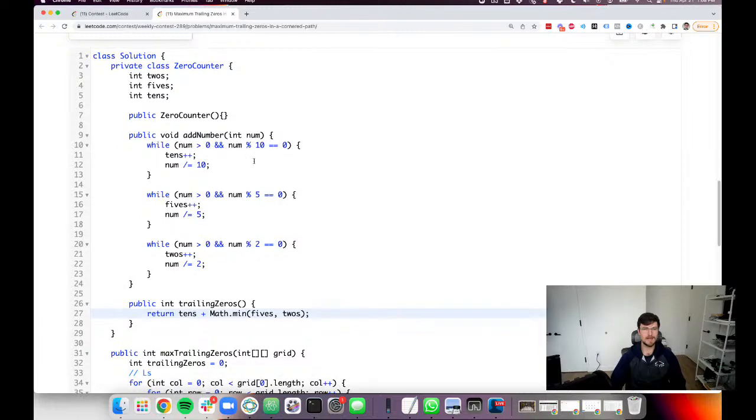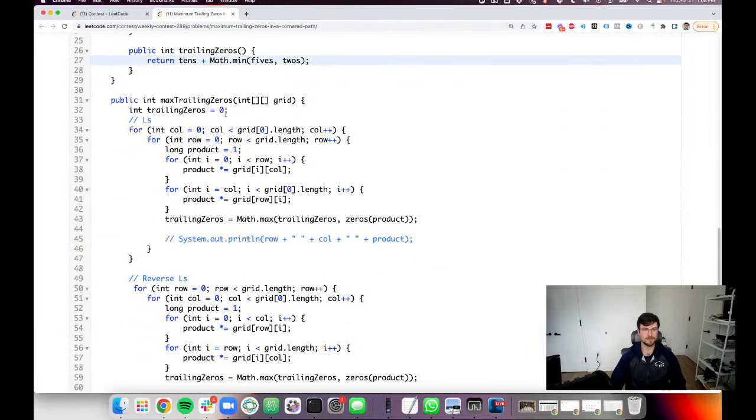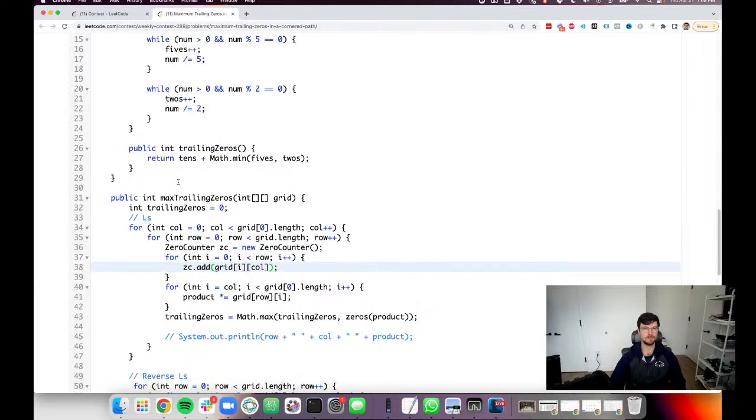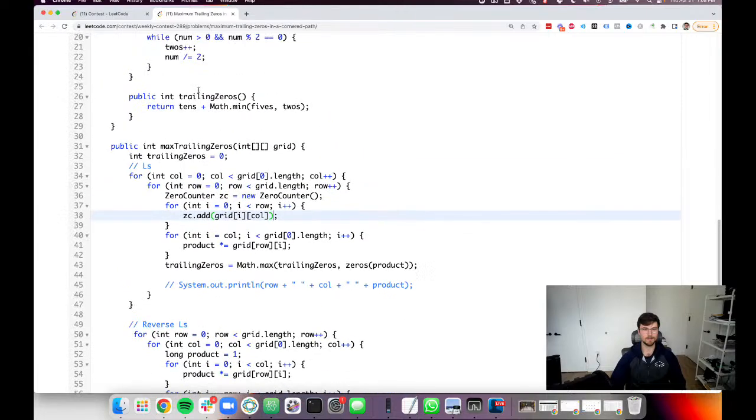So what we have is, now that I've created this, I can do this much more easily. I'll still do this, and then here I'll do 0 counter ZC equals new 0 counter, and then here this becomes ZC dot add the number, right?